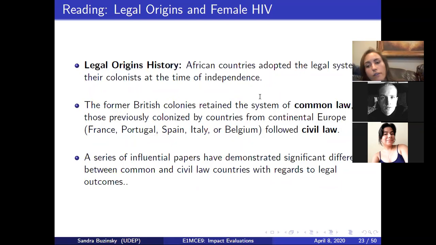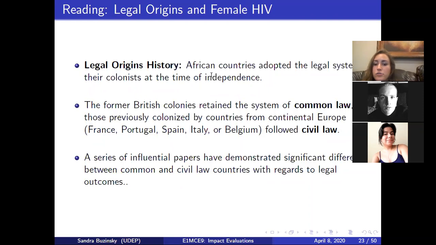So even though a lot of these countries are free now, when they became independent, they kept the legal system of whatever country colonized them. Right? So there's variation in the types of legal systems between African countries based on who colonized them historically.